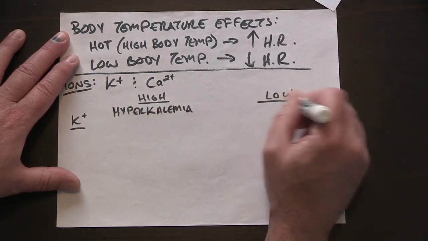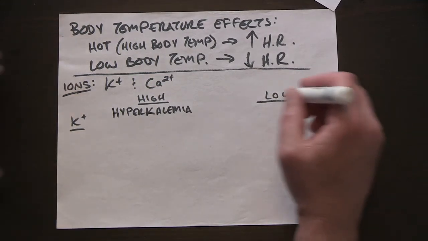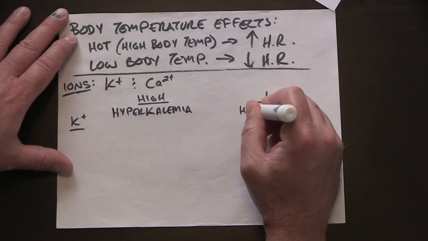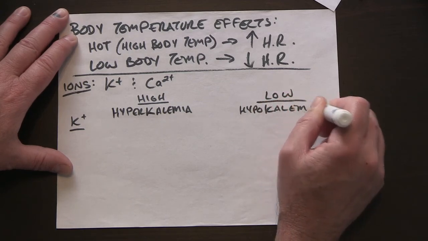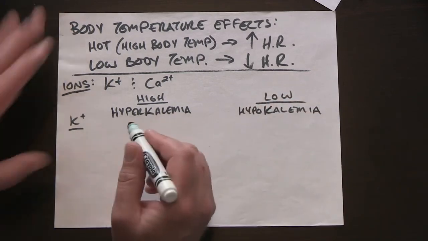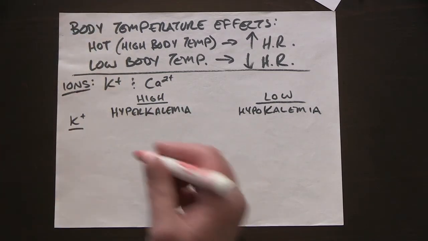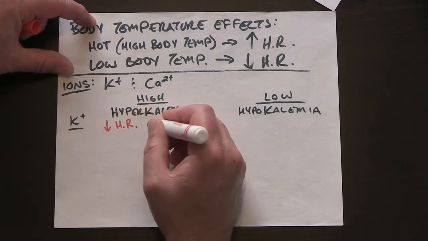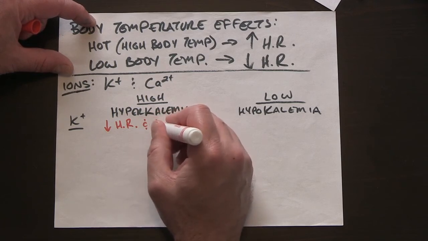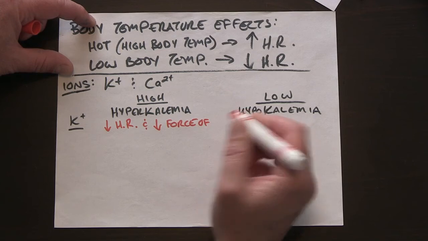And if you have low potassium, you have hypokalemia. And the effects of this, I'm going to put this in a different color. You will have a decrease in the heart rate and a decrease in the force of contraction of the heart.